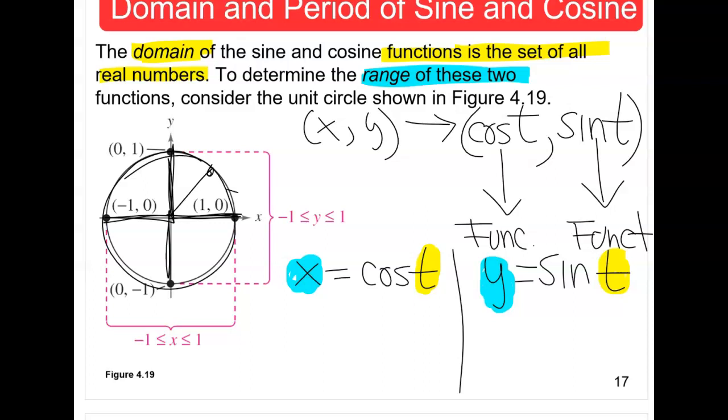So we do have 0, 1 for that point. We have 1, 0 for the point on the x-axis. We have 0, 1 for the point on the y-axis, and we have negative 1, 0 for the one on the negative left x-axis, and we have 0, negative 1 for the one below the origin.